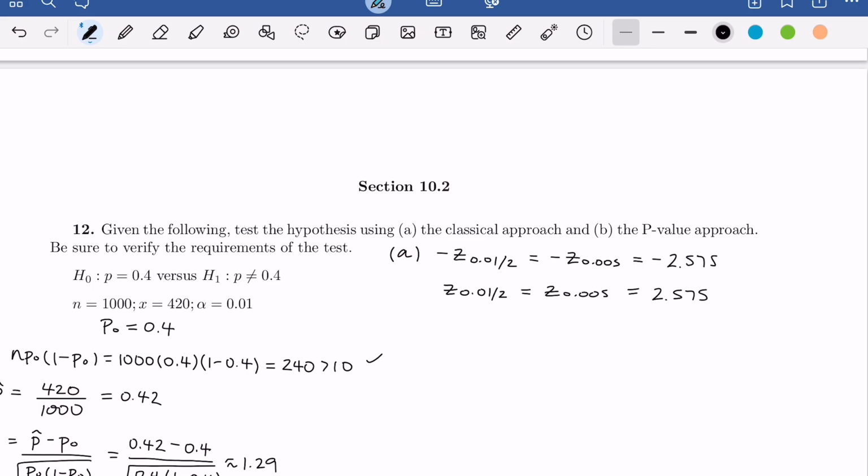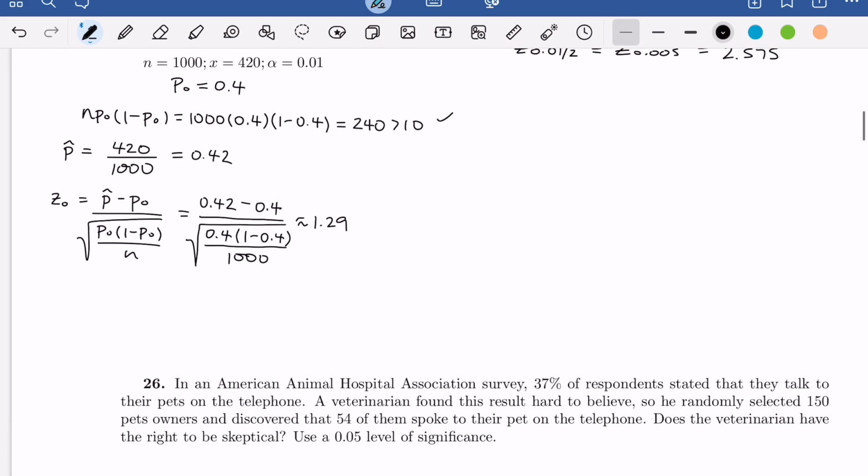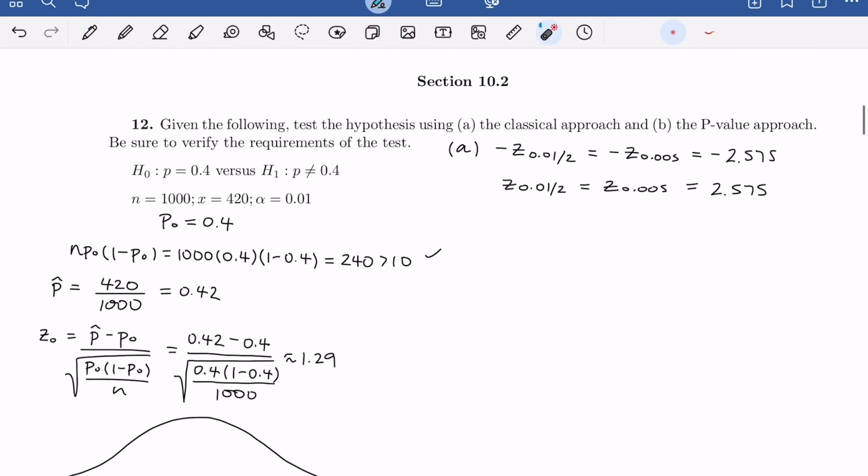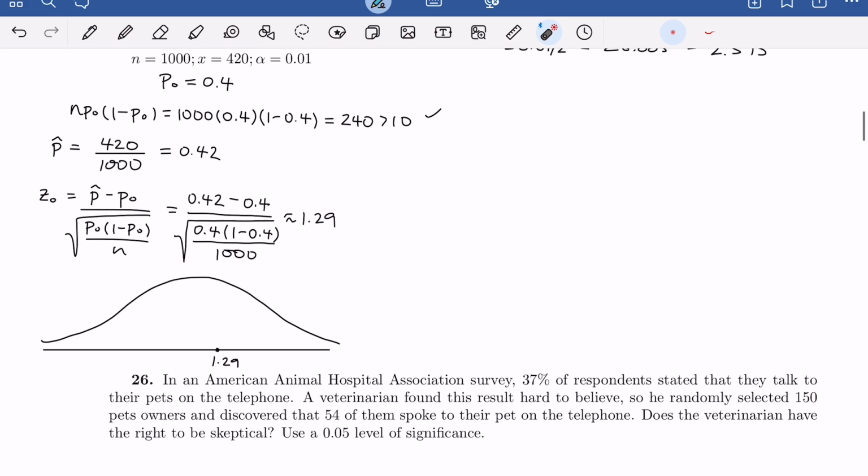So what's happening here, since we have a two-tailed test, let's draw a diagram here, just so we can see visually what's going on. We have our curve, and then we know that our test statistic was 1.29, so that's going to be somewhere around here. And then we're looking at our critical value to be negative 2.575.